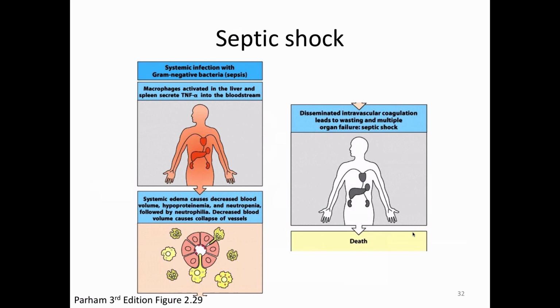Because if we could do things like turn off signaling to make those cytokines, we could save a lot of patients in the hospital with sepsis. So this is a huge issue. We can also imagine some of those other effects on other organs becoming a problem.